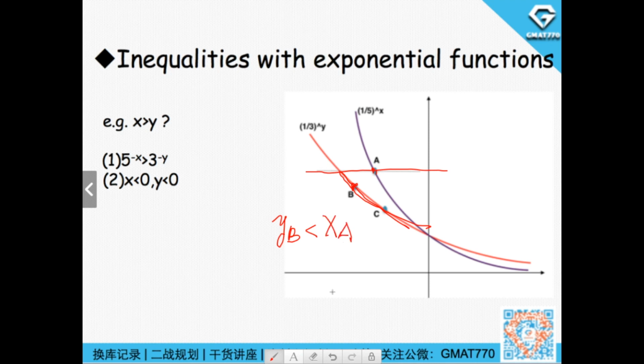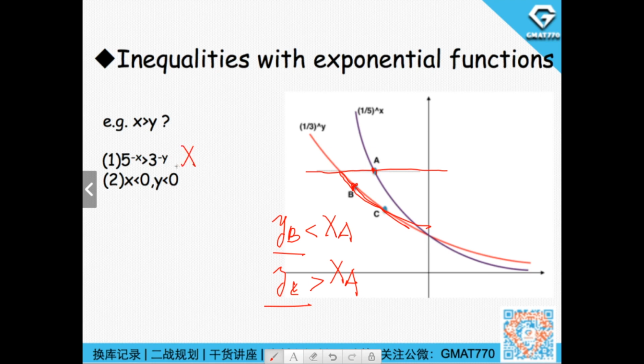But point C is on the right side of point A, which means that the power of C, yc, is greater than the power of A, xa. So point B and point C are two different examples, so we cannot determine whether x is greater than y. So statement 1 is not sufficient.